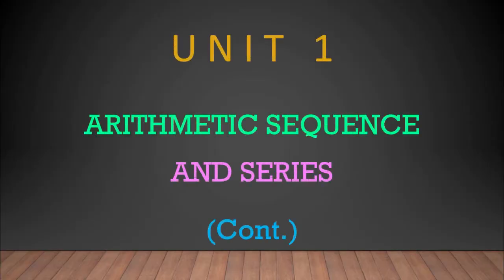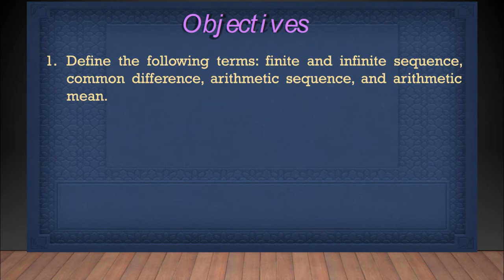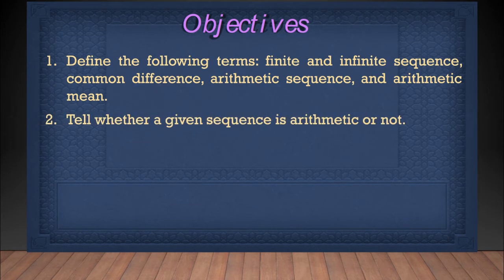Now let's continue our discussion on arithmetic sequence and series. For this lesson's objectives, we have 1. Define the following terms: finite and infinite sequence, common difference, arithmetic sequence, and arithmetic mean. 2.